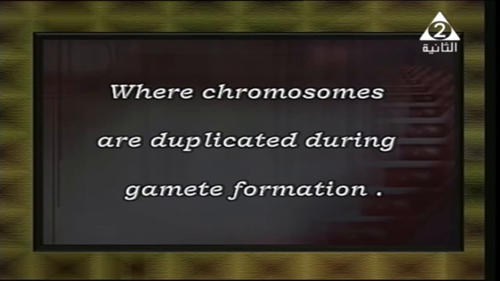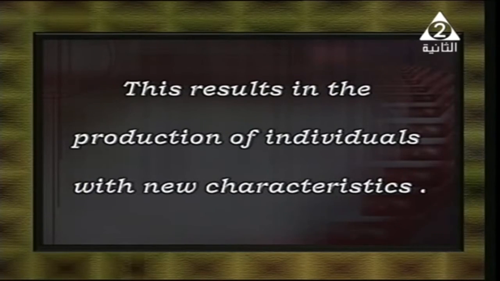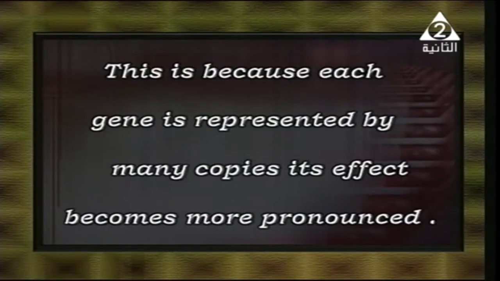Where the chromosomes are duplicated during the gamete formation, what happens? This results in the production of individuals with new characteristics, okay? And this is because each gene is represented by many copies. Each one of them has effects that become more pronounced, more clear, and appear in the individual.